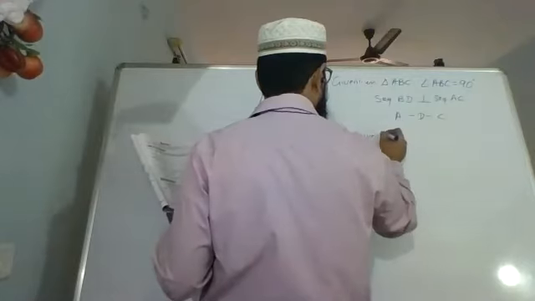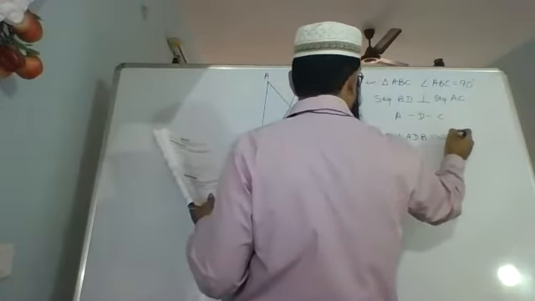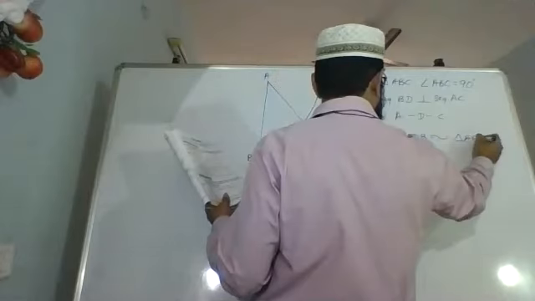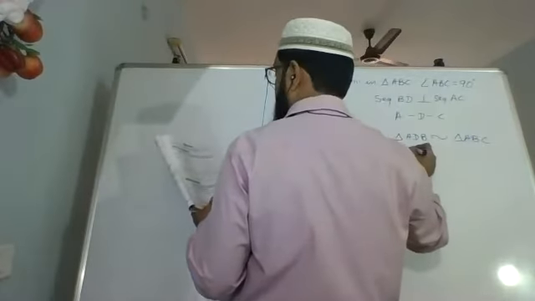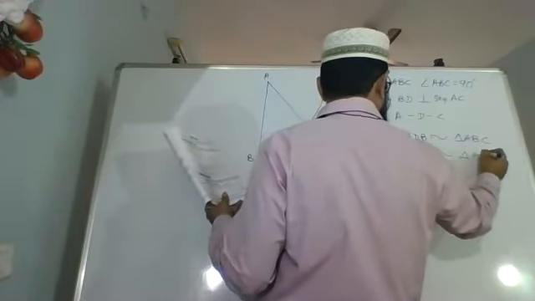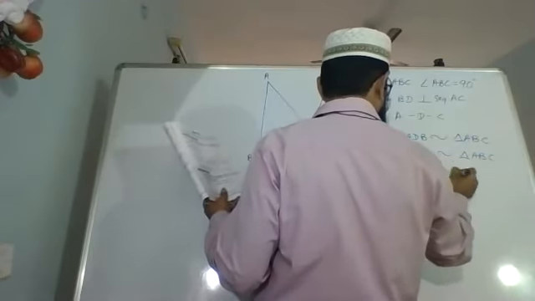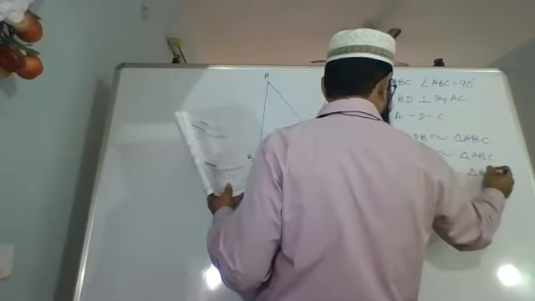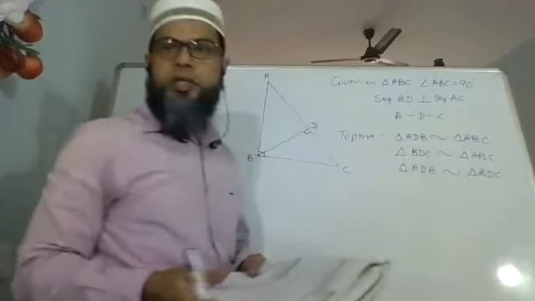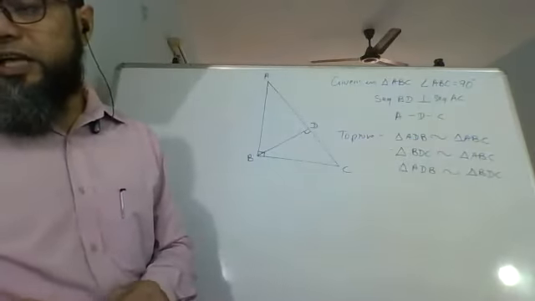To prove: triangle ADB is similar to triangle ABC, triangle BDC is similar to triangle ABC, and triangle ADB is similar to triangle BDC. This is the simplest theorem if they ask you.